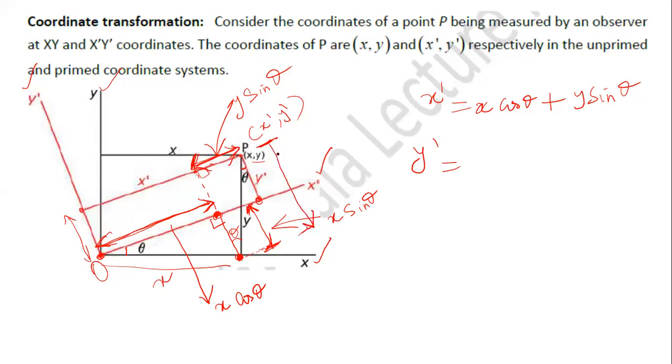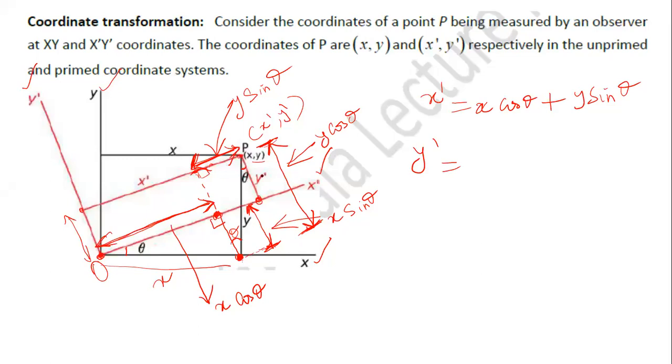And what is this whole length from this point to this point? It will be the same as the distance from this to this, and that will be your y cos theta. This is your theta here, this is your y, and so this to this is y cos theta. Now what is your y prime?